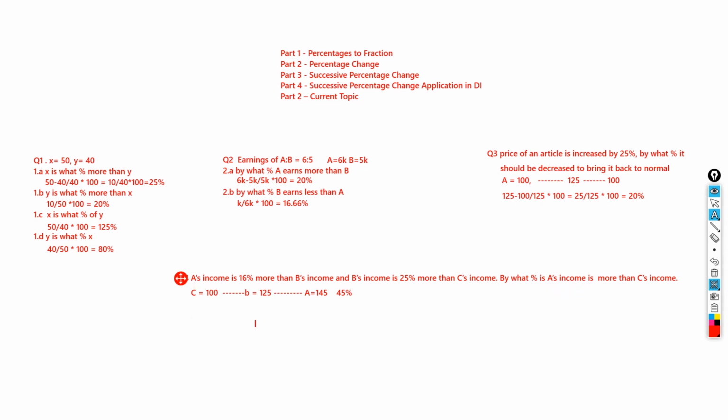We have 16 and 25, so 16 plus 25 plus 16 into 25 divided by 100. 25 plus 16 is 41, plus 16 into 25 by 100. 25 into 4 is 100, so 16 divided by 4 is 4. So 41 plus 4 is 45%. So we clearly got the correct answer.